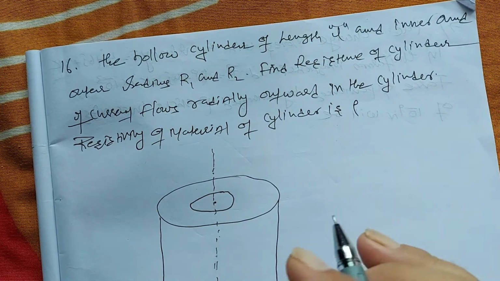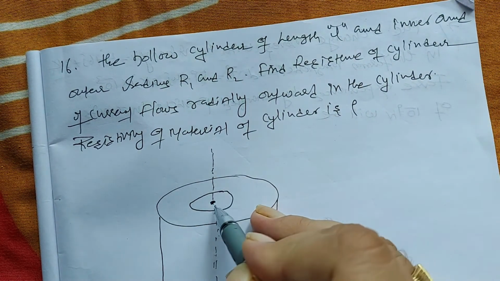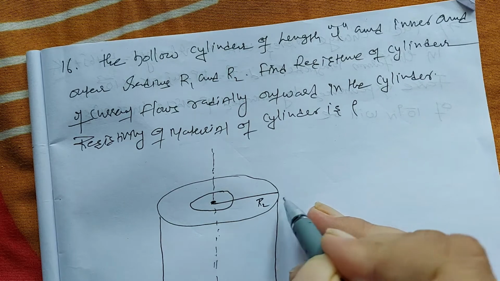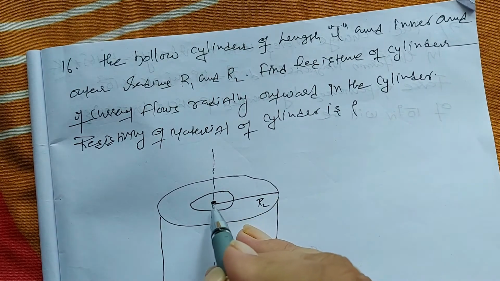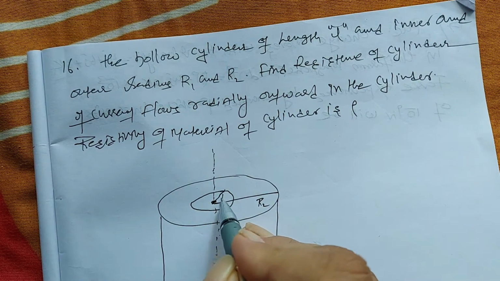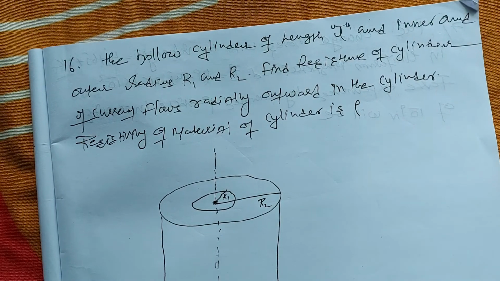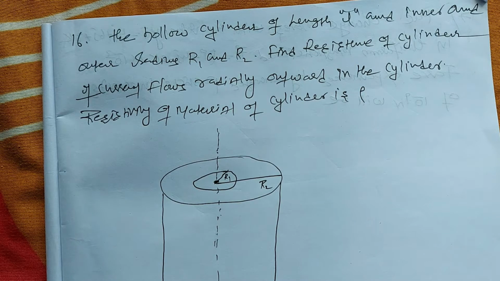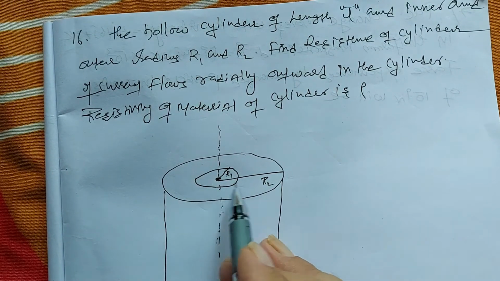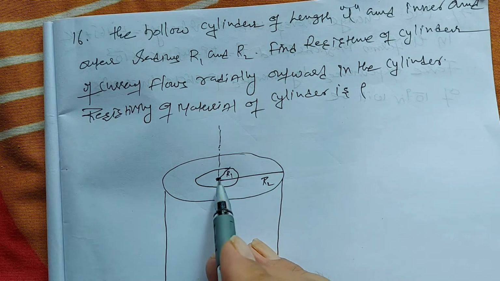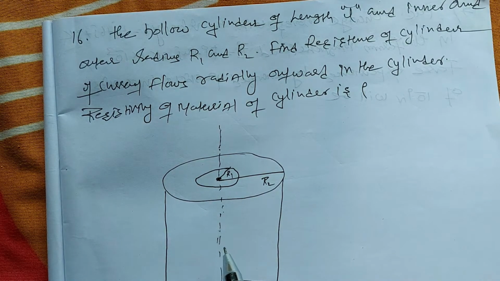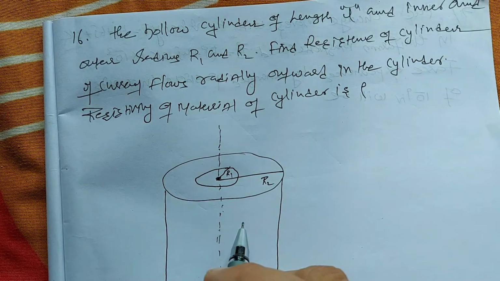Outer radius is R2. Inner radius is nothing but R1. Find the resistance of the cylinder if the current flows radially outward. The resistivity of the material of the cylinder is rho.